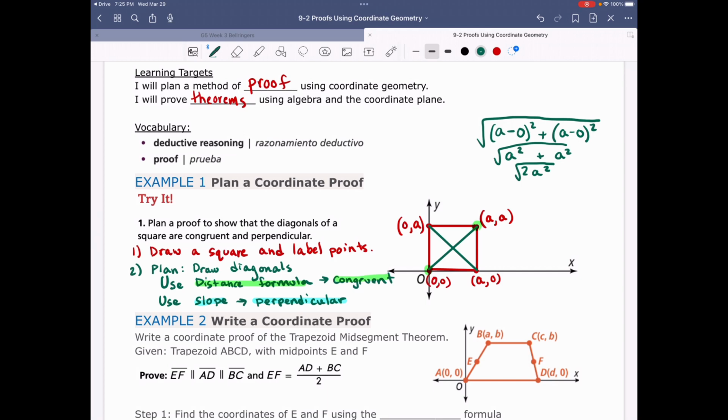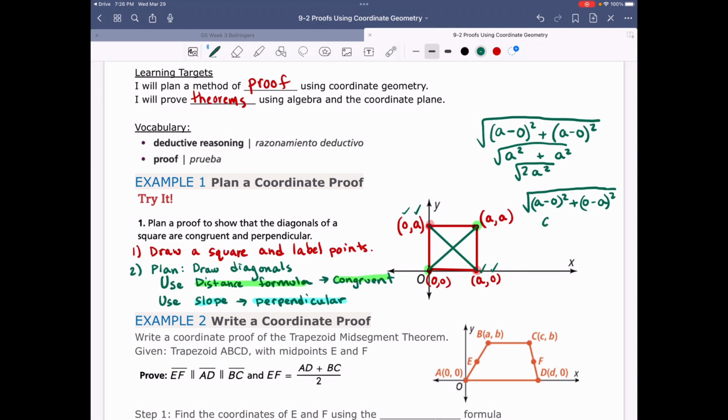Now we want to find the other distance to see if they are equal. So we're going to use these other points here and here. And we're just going to do the distance formula again. So we're going to take the square root. For the y's, if I start with this one, I have a and I have 0. So a minus 0, parentheses squared, plus, then we're going to have 0 minus a for the x's, squared.